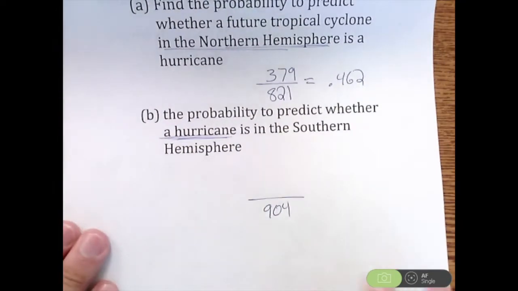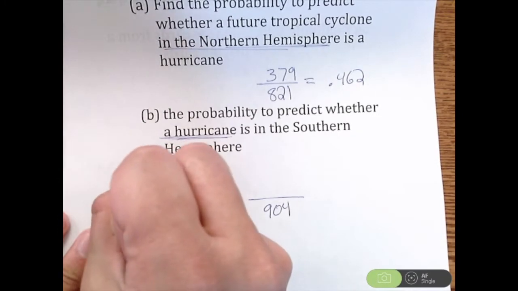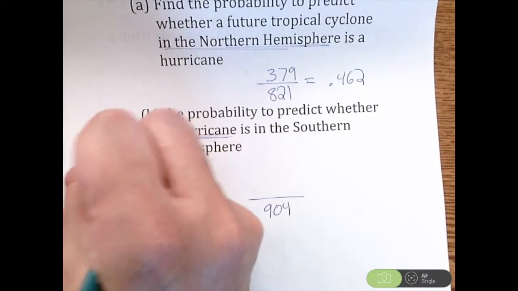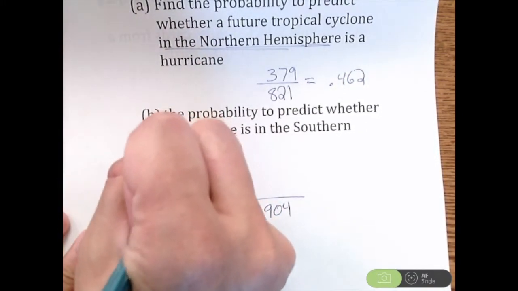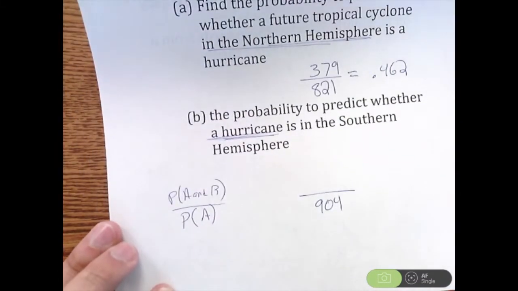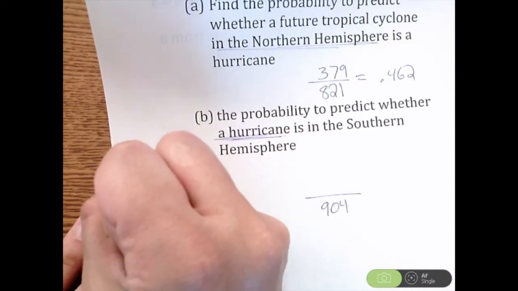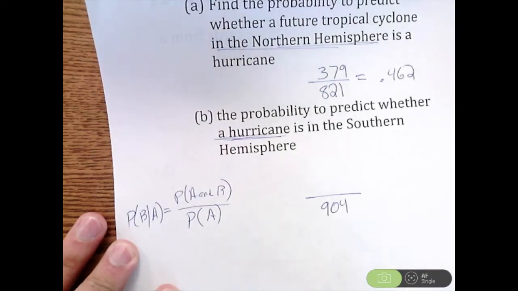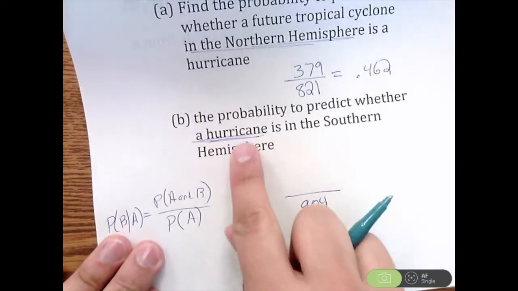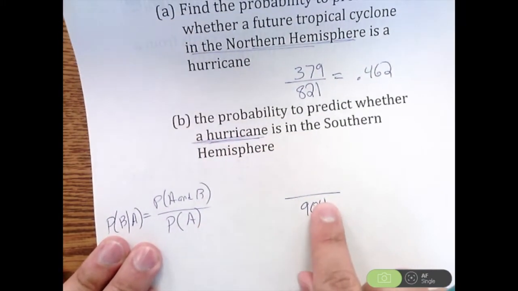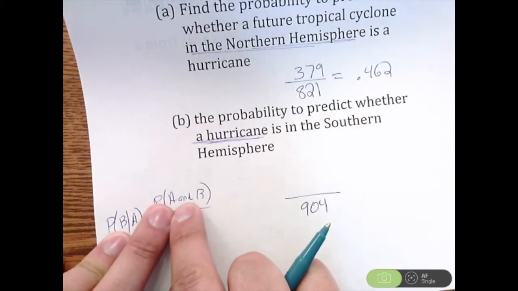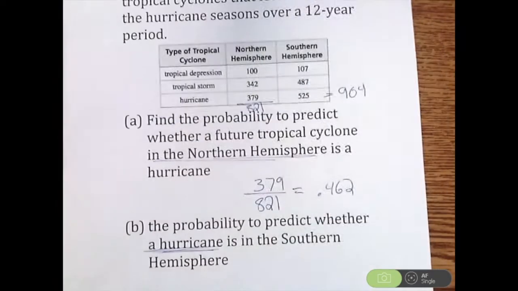So what's going on here is I'm doing the probability of A and B divided by the probability of A. And from what we talked about in class, that is your conditional probability. So how many total hurricanes do I have? That represents A, 904. Now I need to figure out how many hurricanes in the southern hemisphere I have.